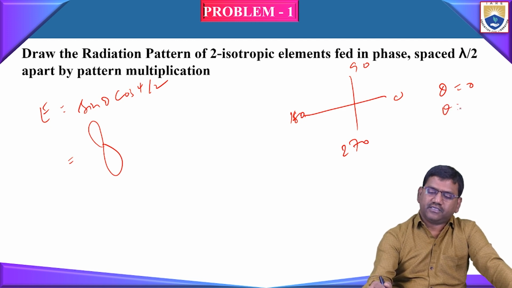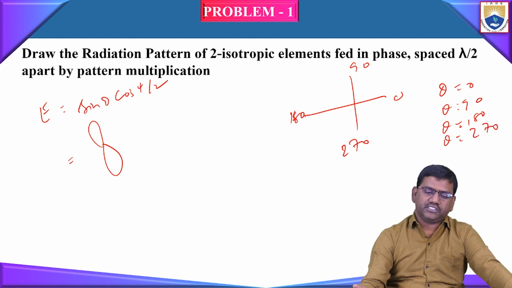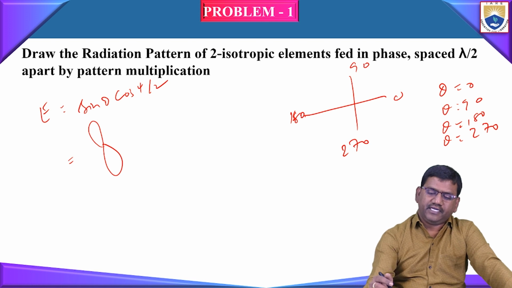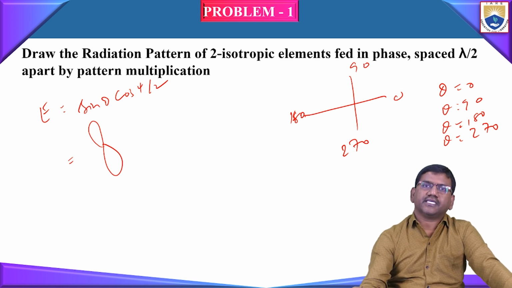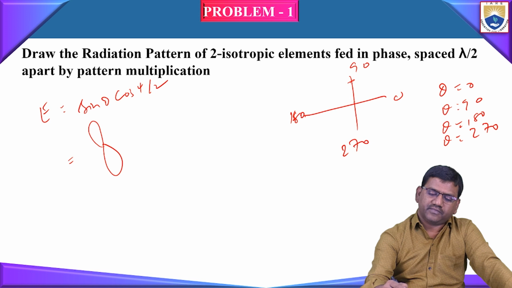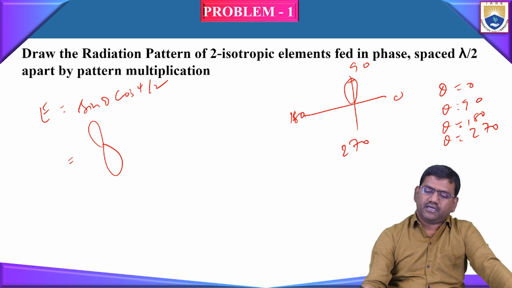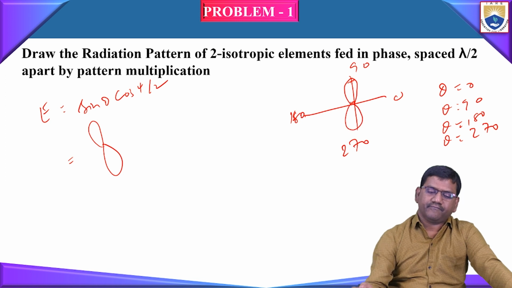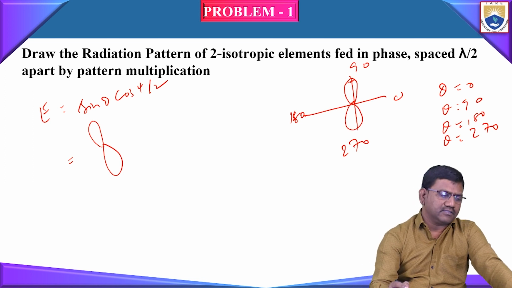For theta equal to 0, you will get 0. For theta equal to 90, sin 90 will be 1, so this is maximum here. And if theta is equal to 270, it will be maximum here. So the radiation pattern will be like this.